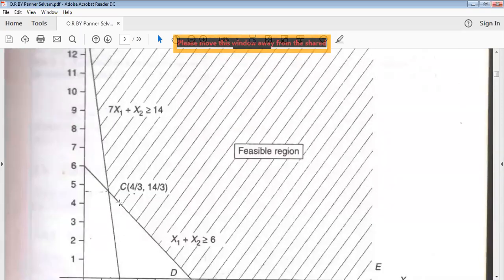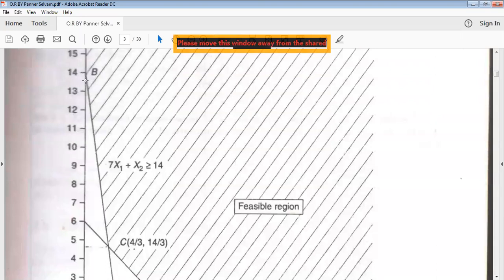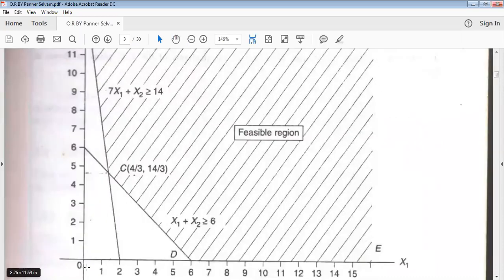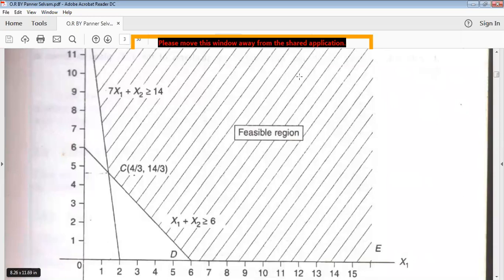Whereas in the other case, it is 0, 14 on the y axis, and on the x axis it is 2 and 0. Automatically you are going to get the line.